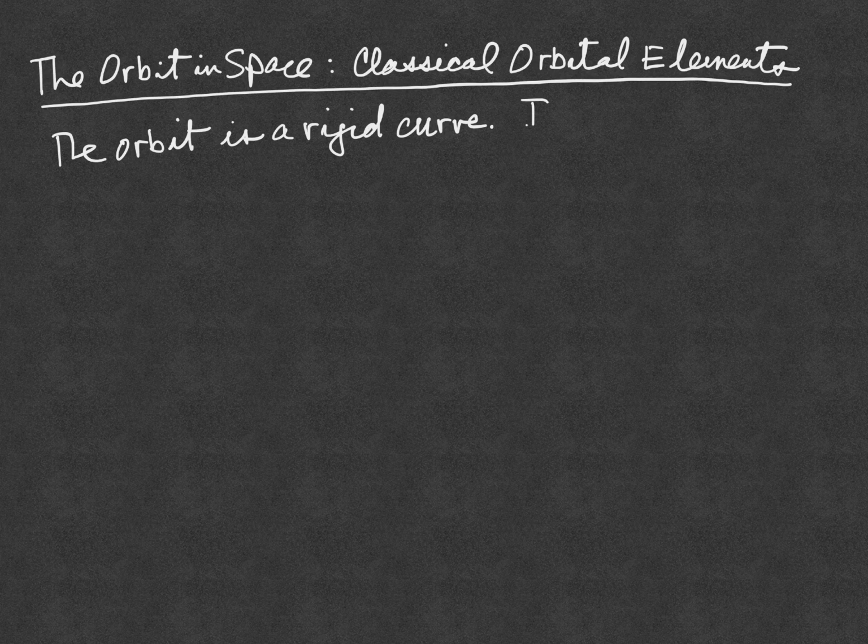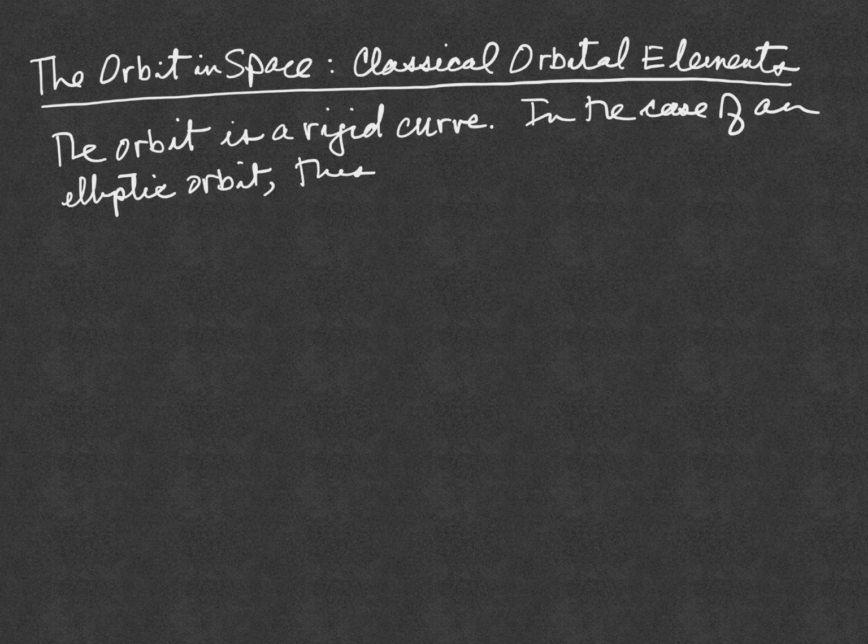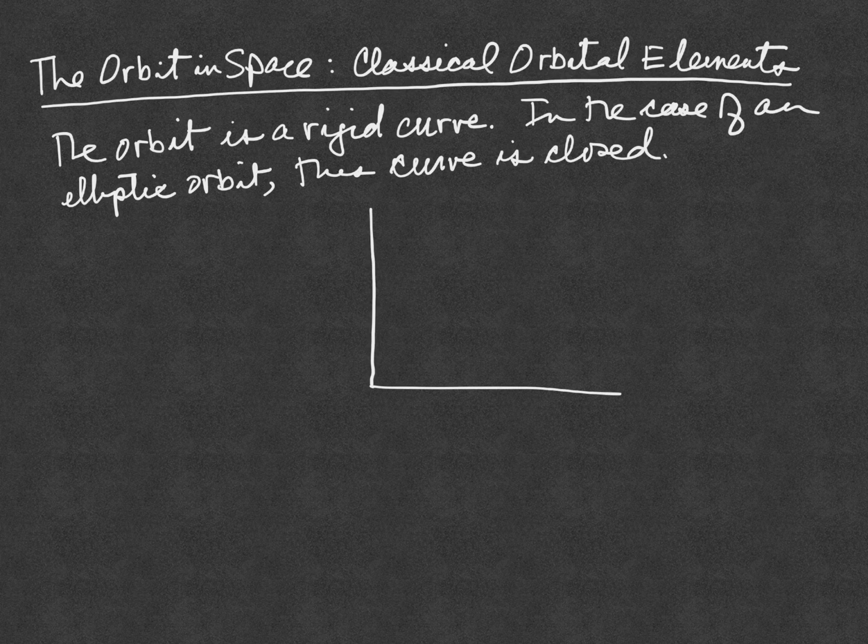In the case of an ellipse, or an elliptic orbit, this curve is closed, because it's periodic. So what we can do is we can sort of draw this diagram, and this diagram will help provide a starting point.